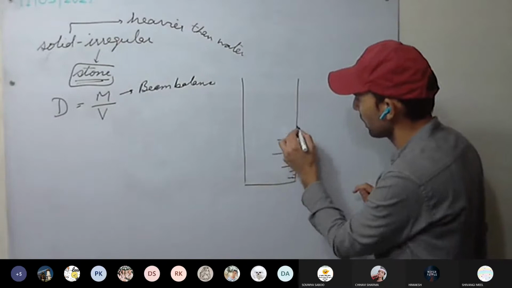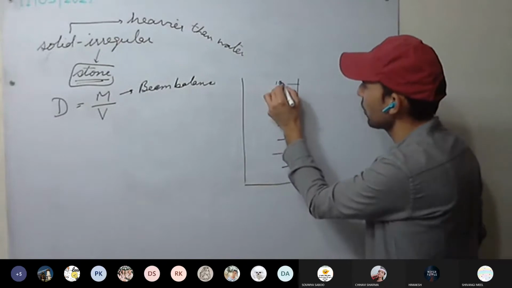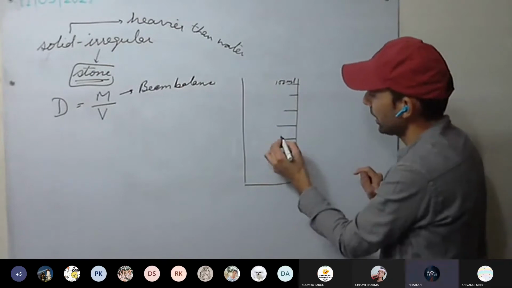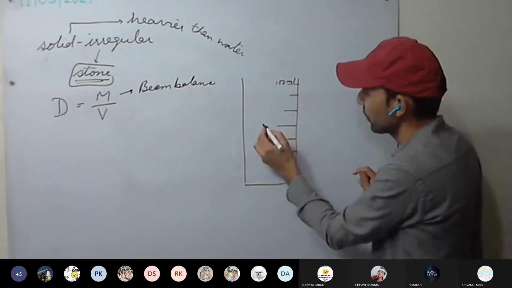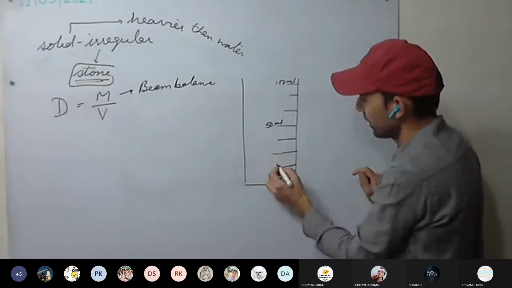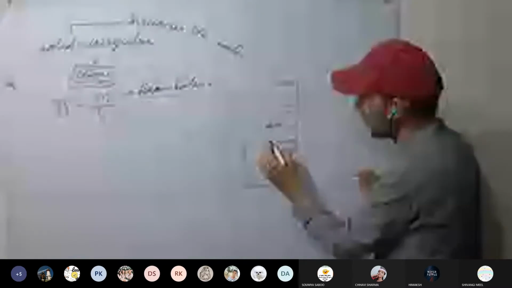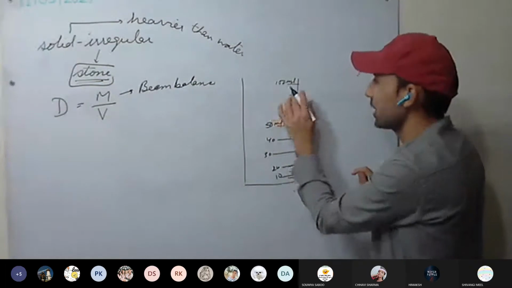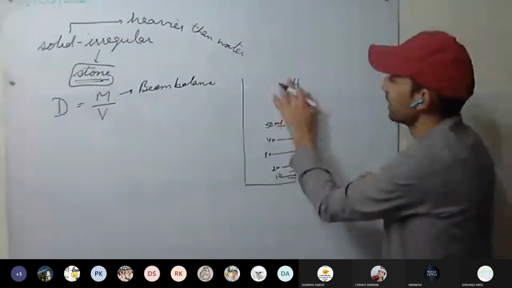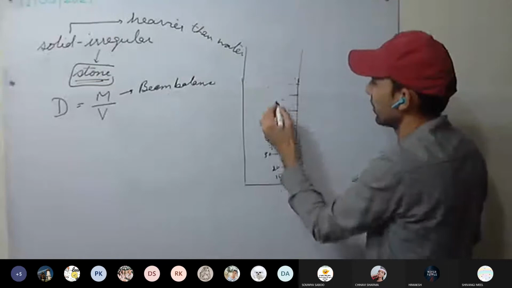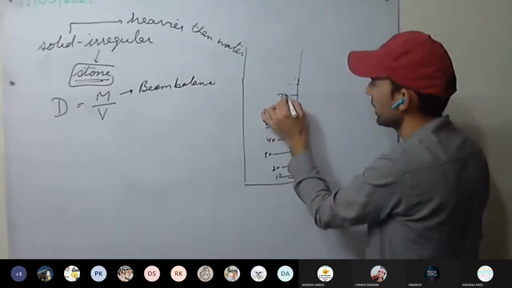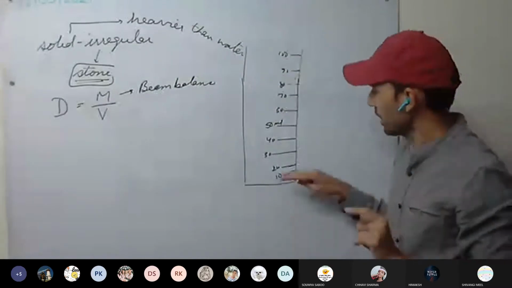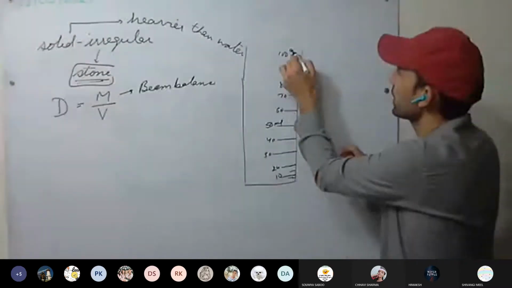Let's say, for example, it is a 100 ml measuring cylinder, calibrated in ml, with 50 ml here, then 60, 70, 80, 90, 100. We took a measuring cylinder, and they all are in ml.